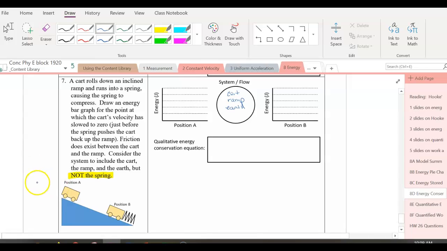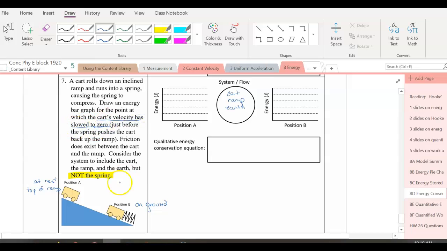At position A, it's at rest, and it's at the top of the ramp, so it has some height to it. At position B, I'm just going to say this is on the ground. It's low enough, we're just going to say it's on the ground. And it says the cart's velocity has slowed to 0.